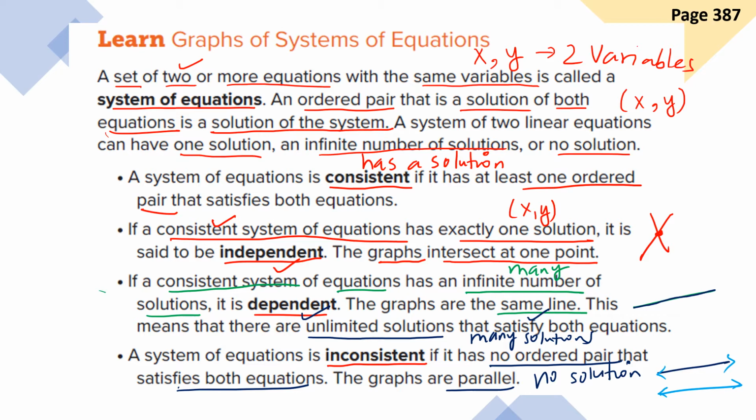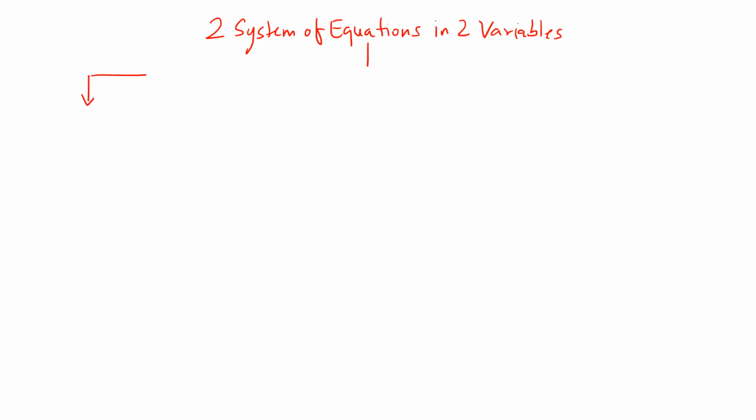So let's now summarize the concept. As a summary, if you have two system of equations in two variables, then the number of solutions can be categorized into three types.